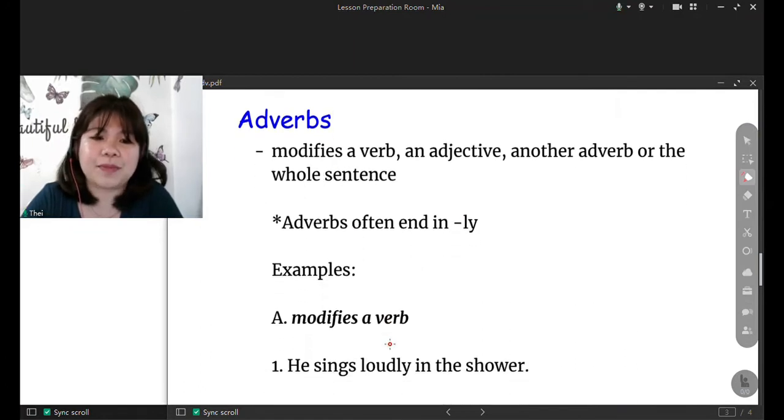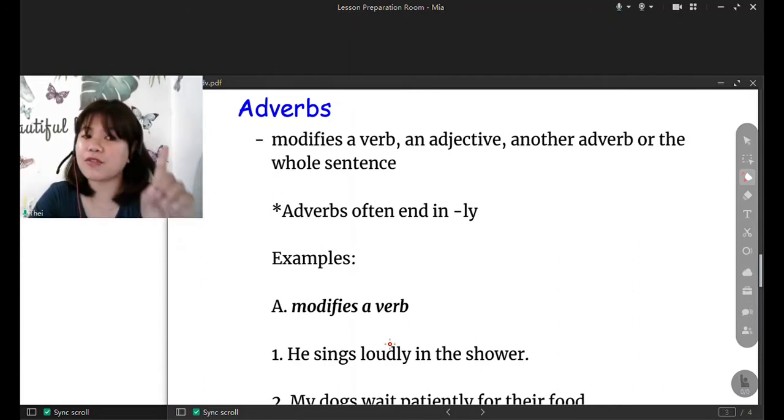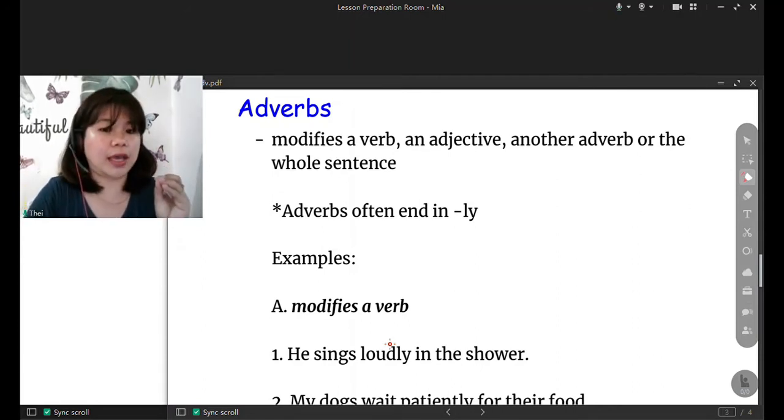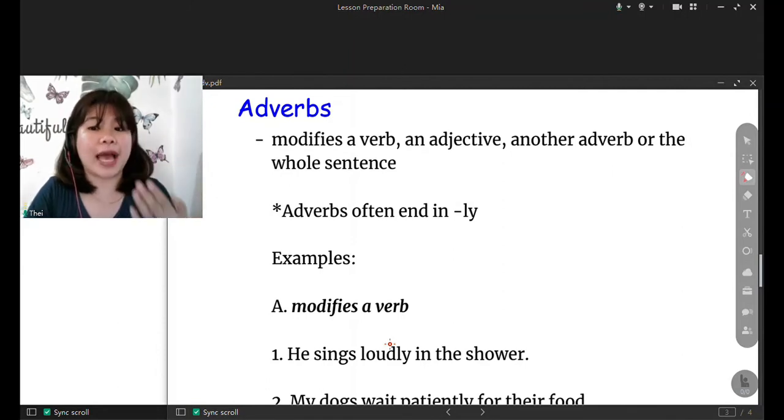Okay. Now let's proceed to adverbs. What is an adverb? A while ago we talked about adjectives. It modifies a noun, right? But an adverb modifies a verb, not just a verb, but most of the time, okay? But it also modifies an adjective, the one that we talked about a while ago, another adverb, or the whole sentence.